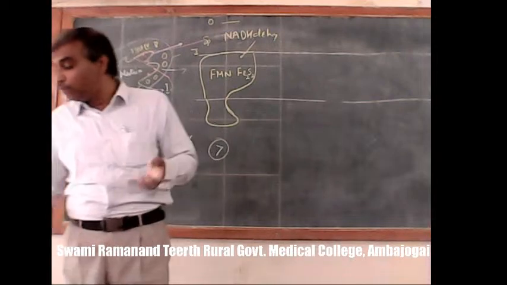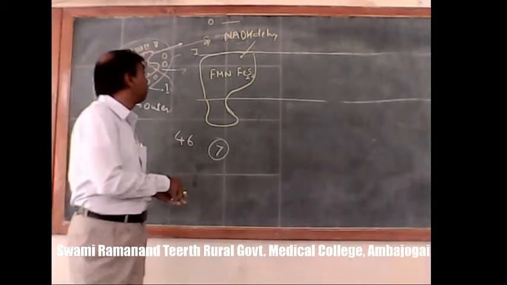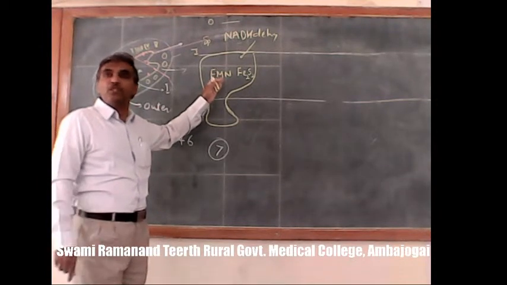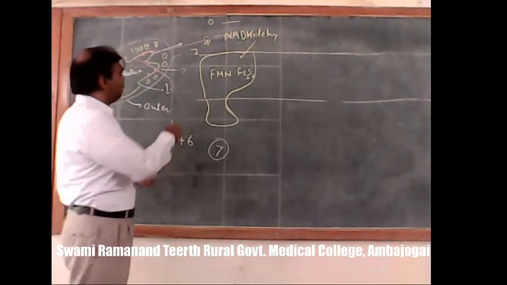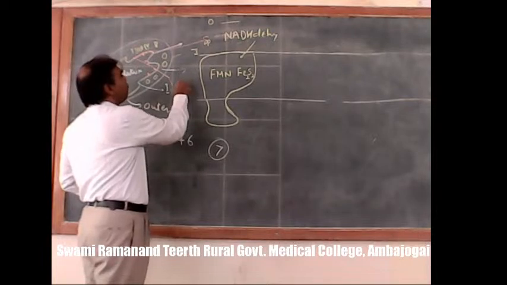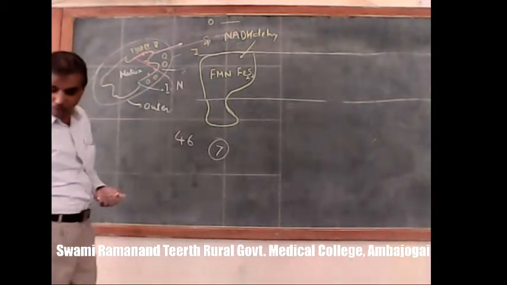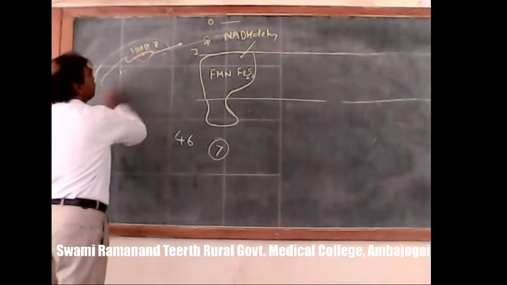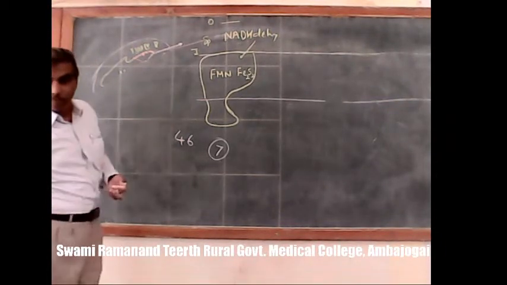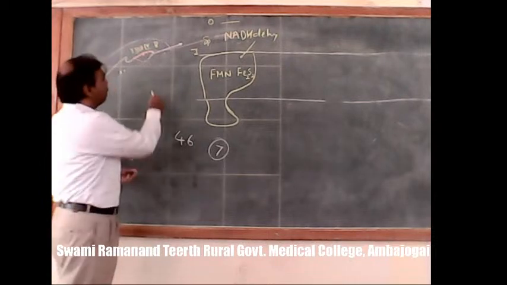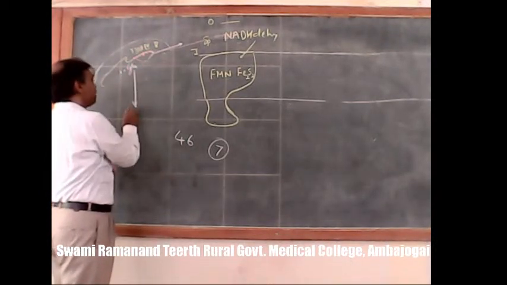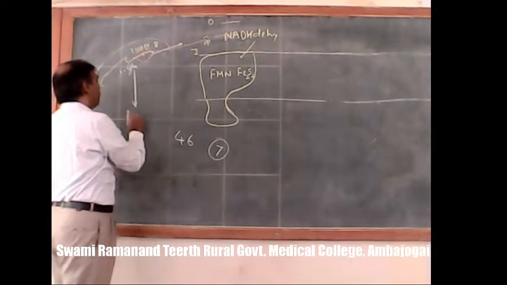Okay? So what happens in this? What exactly happens with complex one? That energy or reducing equivalents which come from the substrate, glucose for example, is converted into lactate or pyruvate, whatever.